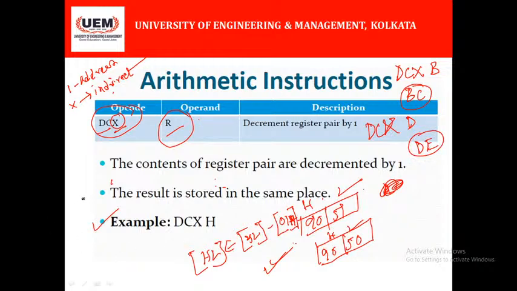The result is stored in the same place. The contents of the register pair are decremented by 1 in this case. So if 9051 is the data, it is decremented by 1 and becomes 9050. That is basically DCX. How many bytes are required for DCX B, DCX D or DCX H? Only 1 byte is required, because we need to store only the opcode of DCX R.